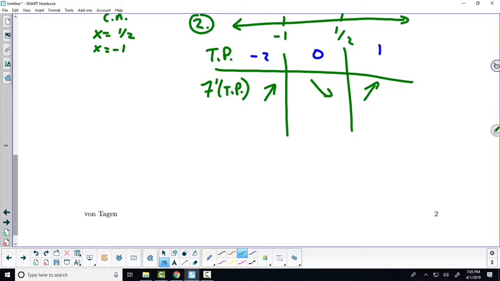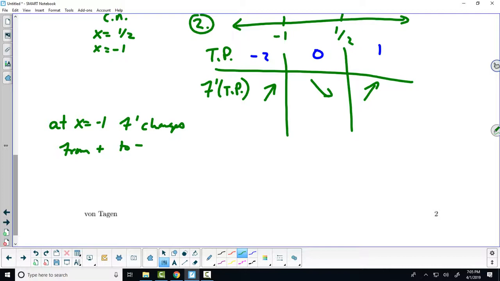What did we just show? So let's spell it out. At x equals -1, f prime changes from positive to negative. So what have we just shown? You have a maximum here. A maximum for whom? At -1, we'll have a maximum for which object?